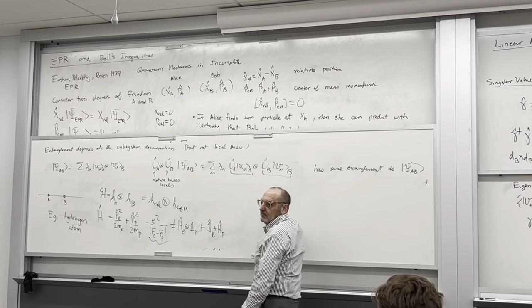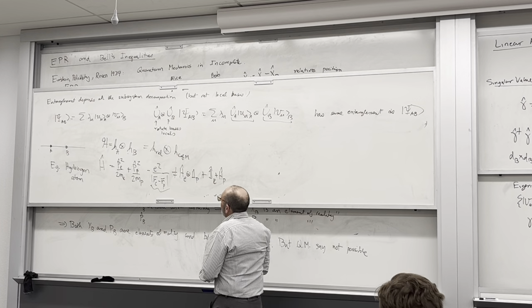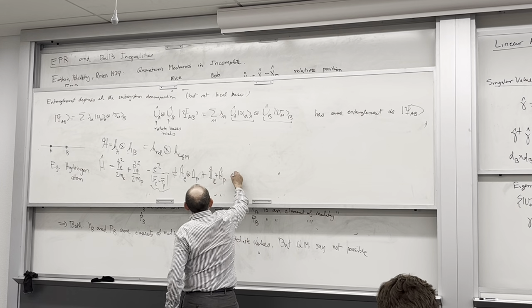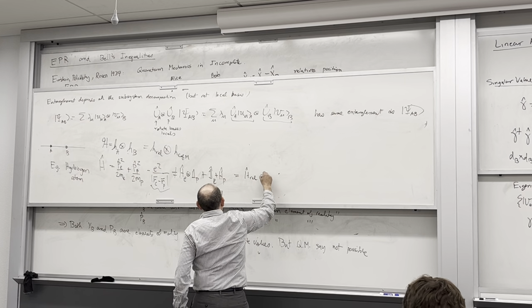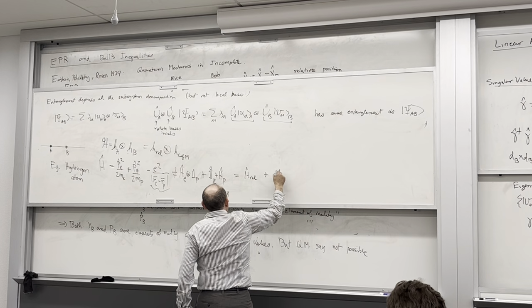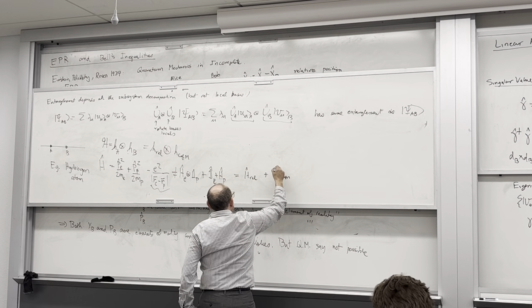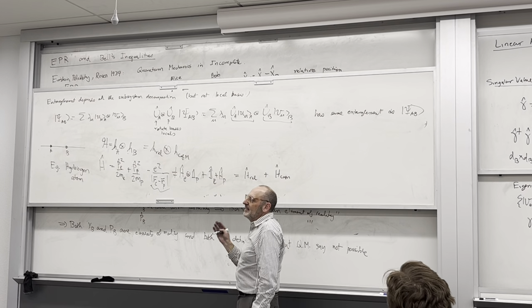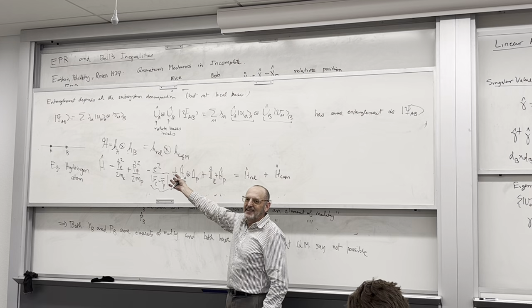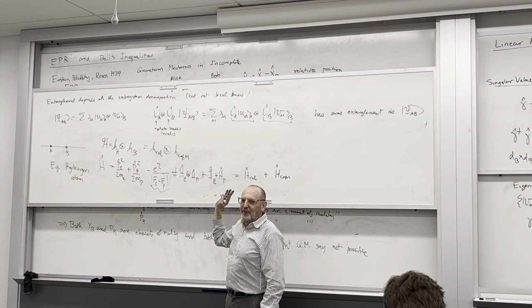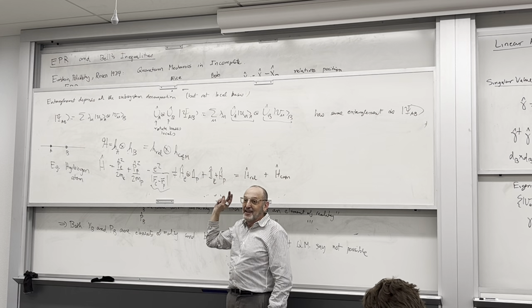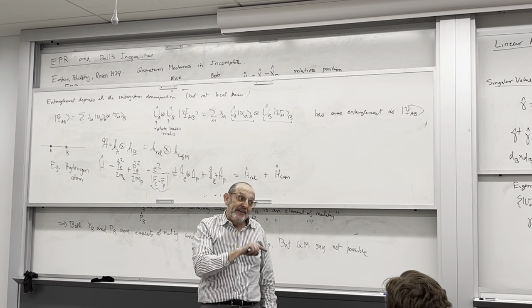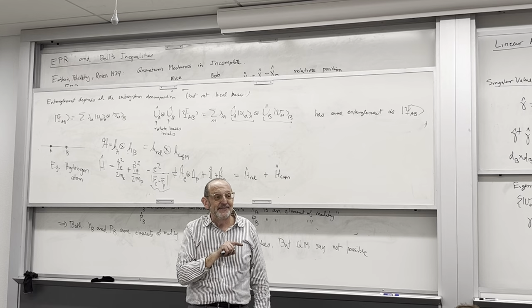So this Hamiltonian, though, is separable in terms of relative coordinate and the center of mass. Which means the eigenstates of the Hamiltonian are separable in relative and center of mass coordinates, but the electron and the proton are entangled with one another.